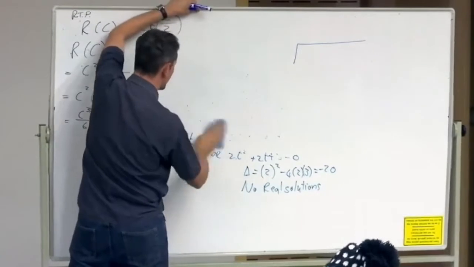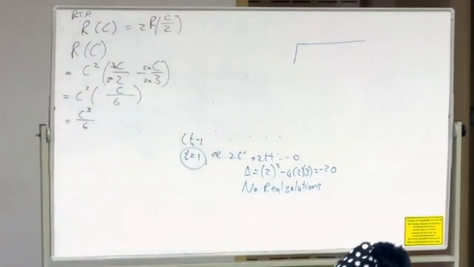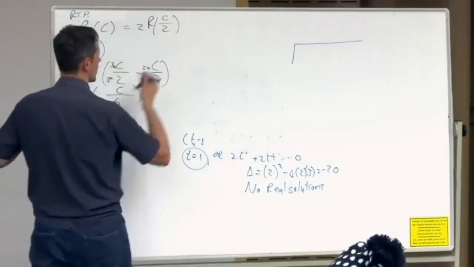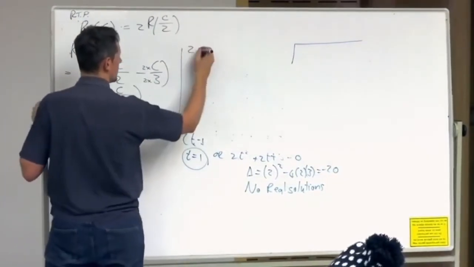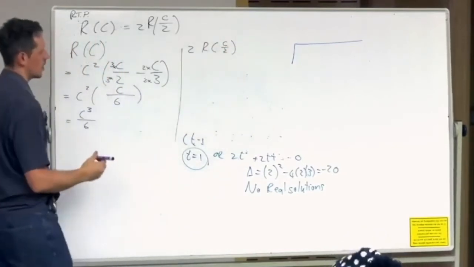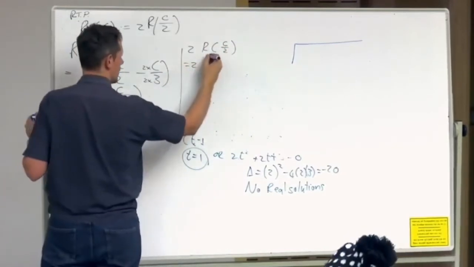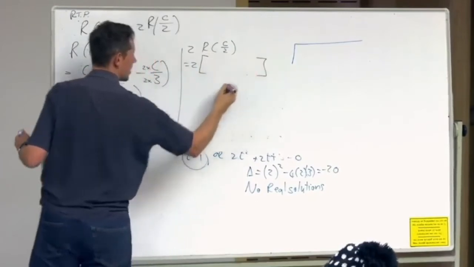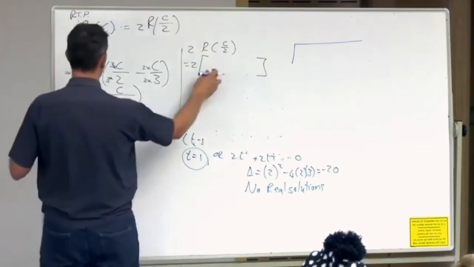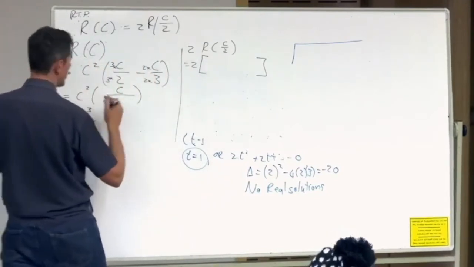So what I'm going to do now is go over to the right-hand side and look at doing 2 times R of C over 2. Now this 2 just remains in the front. I'm not going to do anything with it. All I'm going to do with the R of C over 2 is replace every x with C over 2.